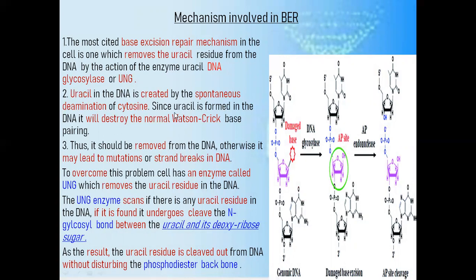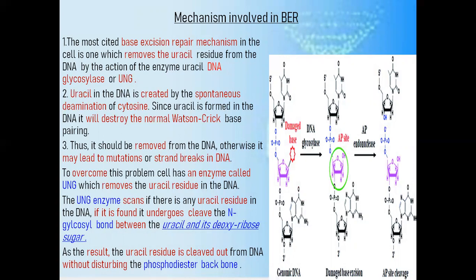The most cited base excision repair mechanism in the cell is the one which removes uracil residues formed in the DNA, by the action of the enzyme uracil DNA glycosylase or UNG.